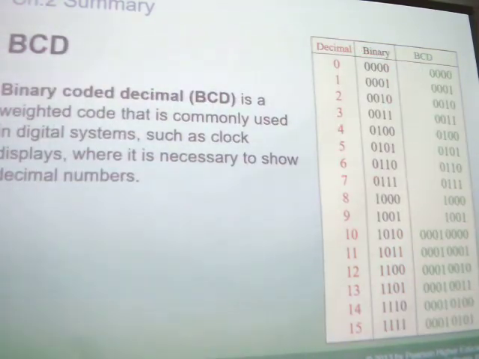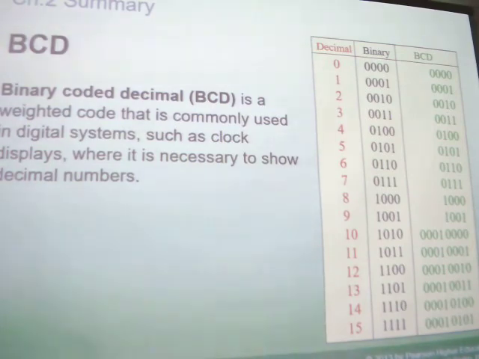Okay, BCD code, binary coded decimal, is a weighted code that is commonly used in digital systems, such as clock displays, where it is necessary to show decimal numbers.